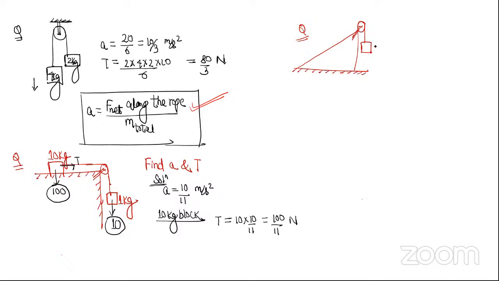This is 2 kg, and this side it is connected with 1 kg, and let's say this angle is 30 degrees. Question: find out acceleration and tension.